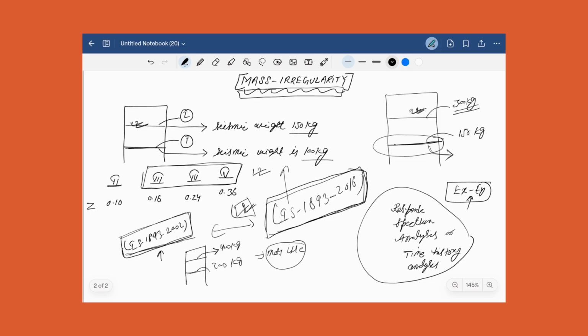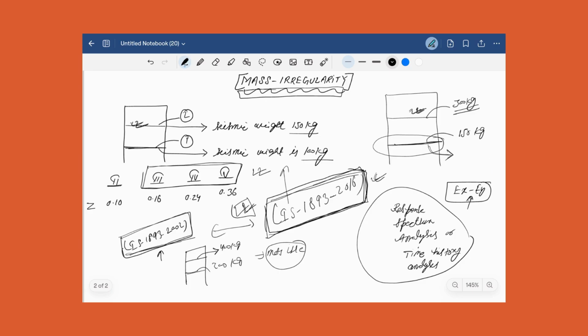But the new code says that if the seismic weight of any floor is more than 150% compared to the story below, then it is a mass irregularity. So nowadays we generally adopt the new code. Whenever you perform analysis of any structure, you have to consider the IS 1893 2016 code and follow what it says.